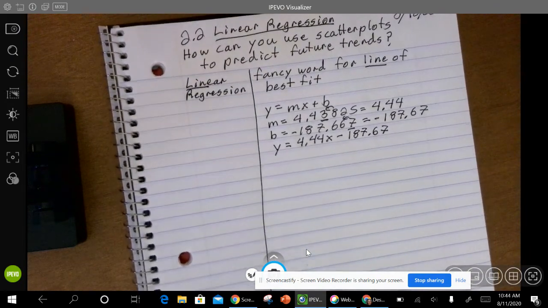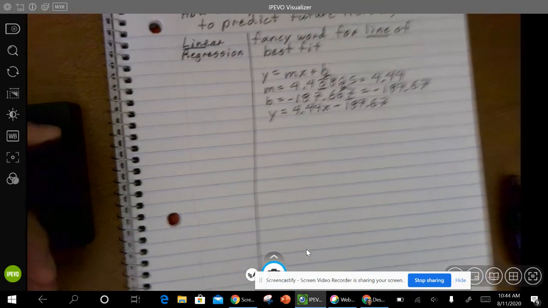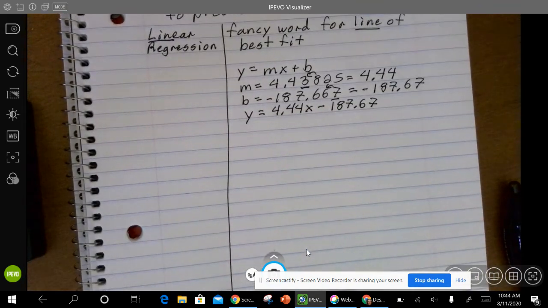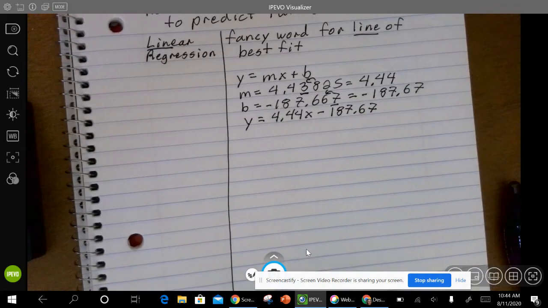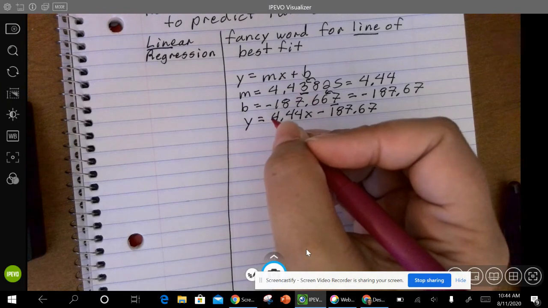So you ask, why would we use this? Well, think about it, businesses would use this to help them predict how many items they're going to sell, to make sure they have enough in stock.